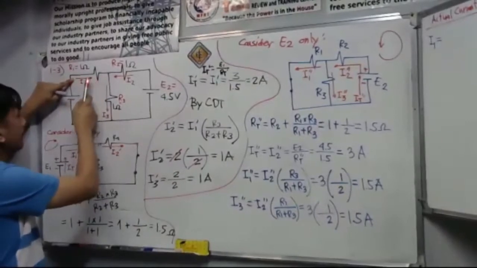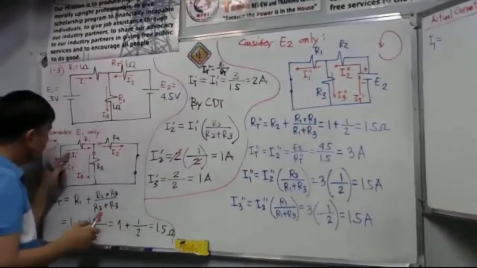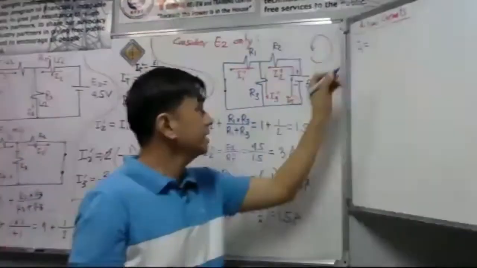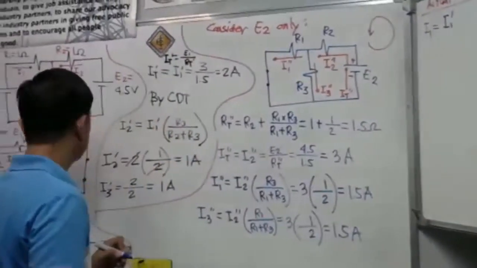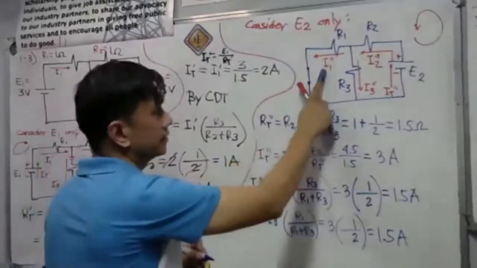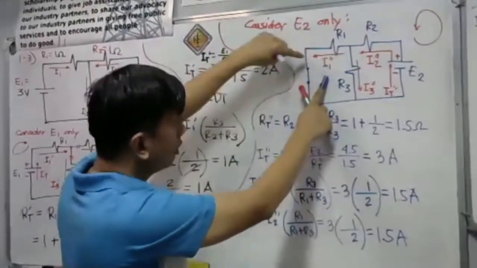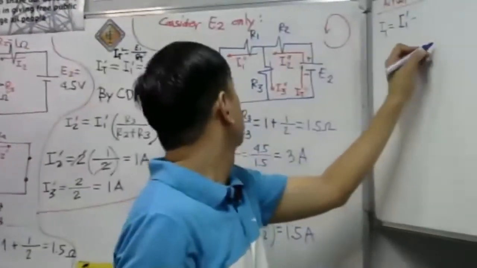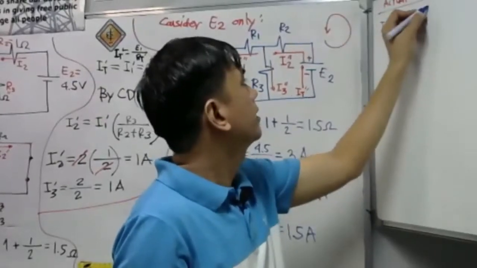I1 prime is going to the right, therefore this is equal to I1 prime. But I1 double prime is going to the left, so that is opposite. If that is opposite, that should be minus I1 double prime.